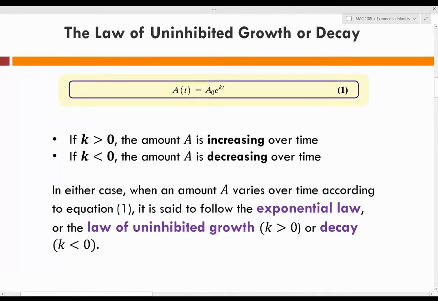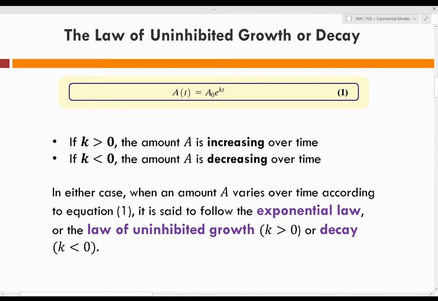Now, depending on what k is, the model that we use is going to be identical whether we're solving for growth or for decay. The only thing that's going to be different is what k is. If you look at your model, there will sometimes be a number where k is.